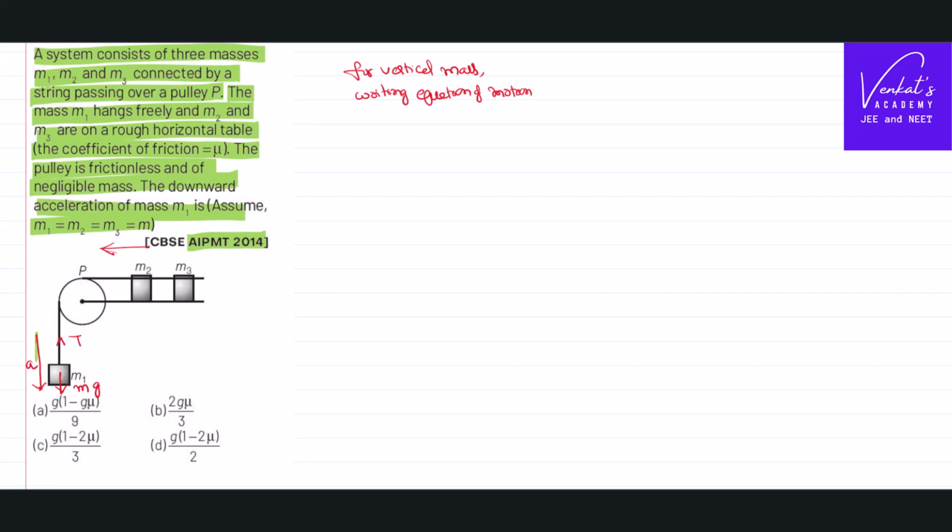But you must know by this time. So F resultant, which is ma, as the body is moving downward, the force downward has to be treated as positive. Tension is always towards the point of suspension, that is upward, so that is negative. mg minus T, that's for the first one.